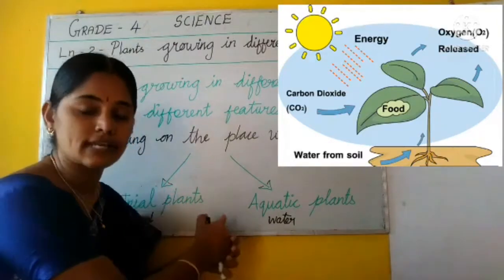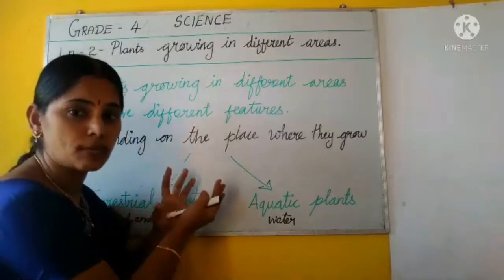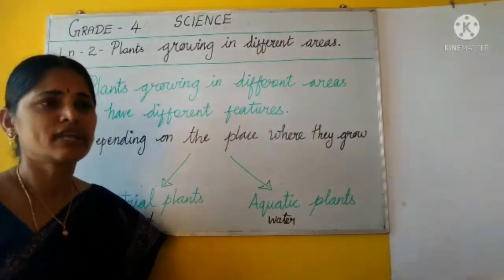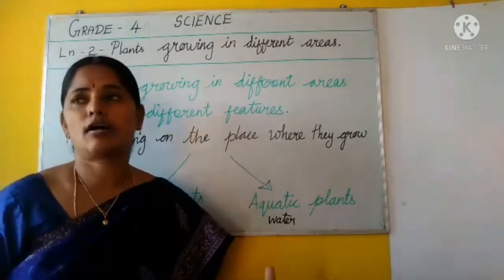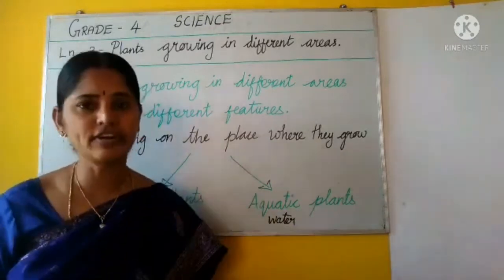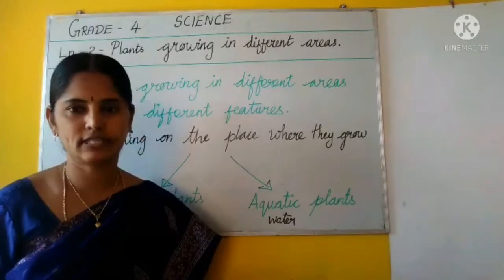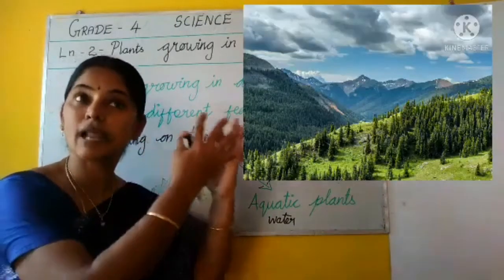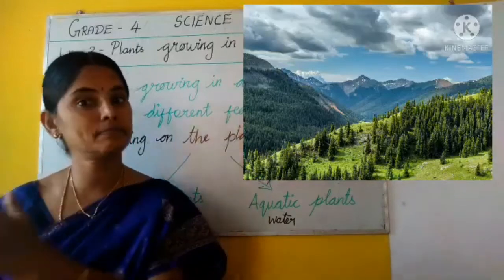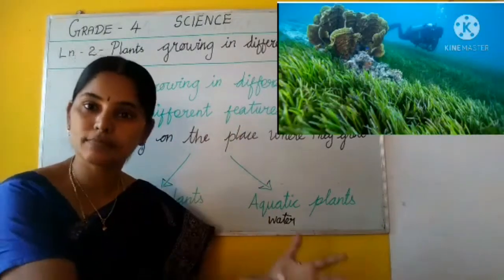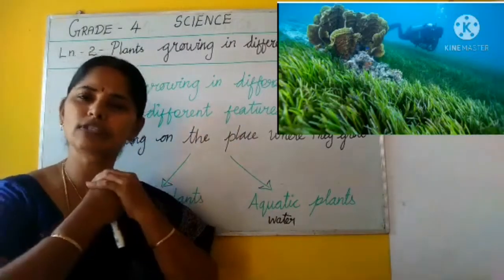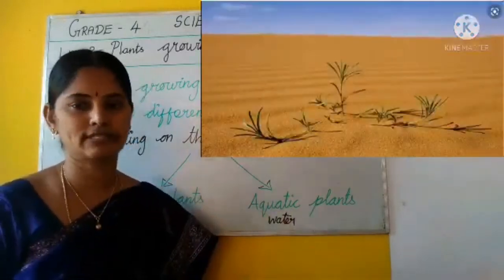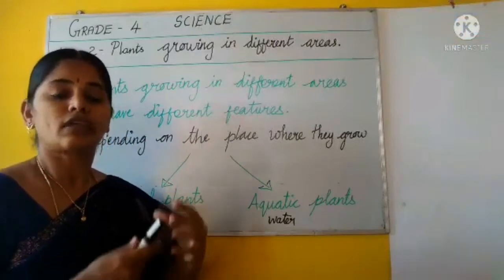In this lesson, we are going to study about different groups of plants. We can see plants almost everywhere in our world. We can see plants in mountains, in oceans, on land, and even in deserts.